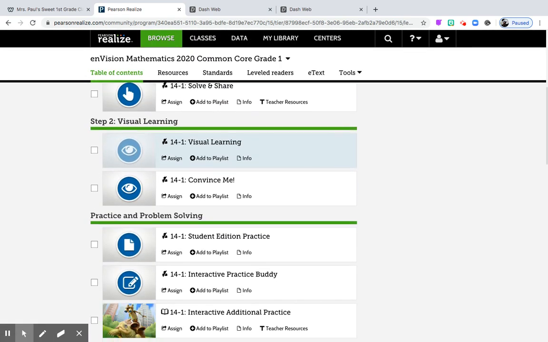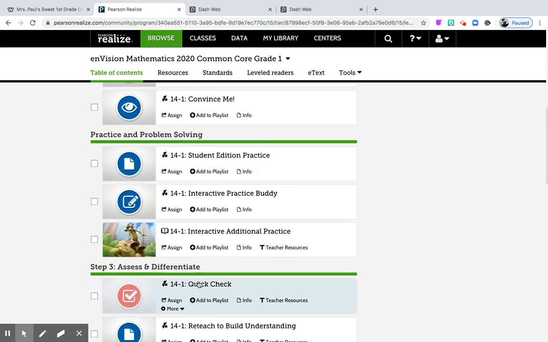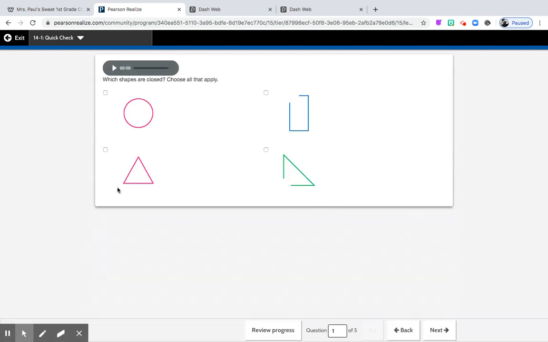Double check your work. When you come here, you will be able to go to quick check. Remember, double check your answers before you hit submit. Make sure you listen to your question at least a couple times. And look what it has. Choose all that apply. When you choose all that apply, it's going to be more than one. Very good.